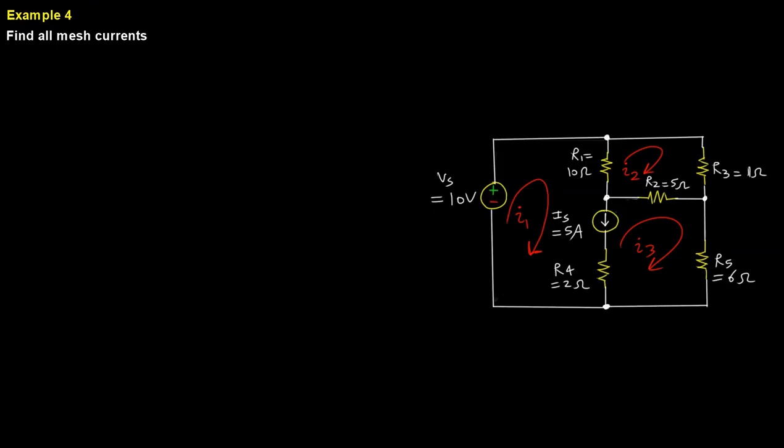We have a super mesh, and the super mesh is in this branch. So right off the bat we know that we have to ignore it initially. And so again, before we actually do these things, let's go ahead and define polarities for our resistors.